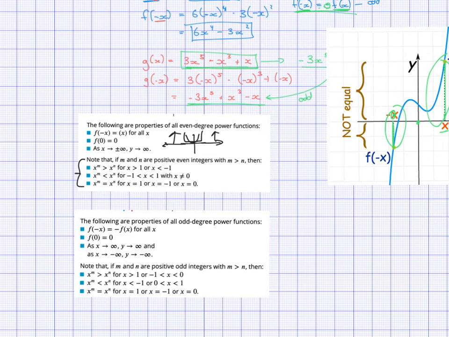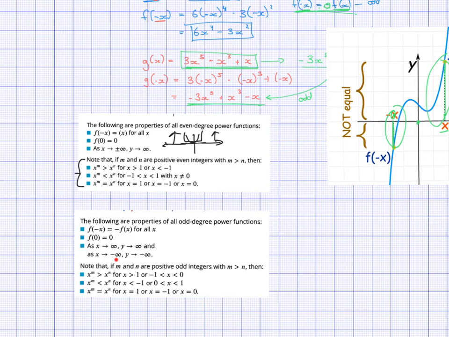All right. So for odd powered functions, odd degree functions, the output for a negative input is the same as the opposite of the output for the positive input, which we just saw in this example here. f(0) is still 0 because 0 to the power of anything is 0. But as x approaches infinity, y approaches infinity.